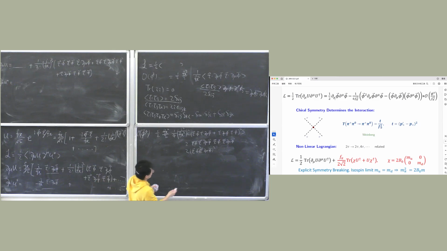And then we can take the trace. And another term should be at this order, this phi in U and the phi cubic in U dagger. Okay. So we have another contribution.